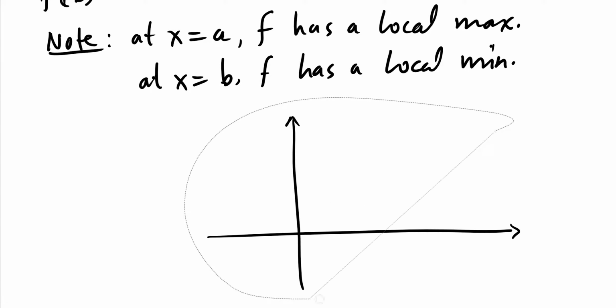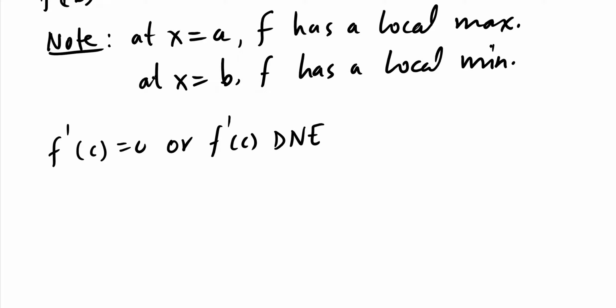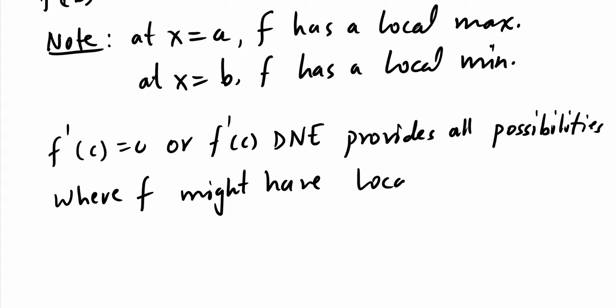I'll show an example later on about this. For the meantime, let's say f prime at c equals 0, or the ones that we wrote earlier, does not exist, provides all possibilities where f might have local extreme values.